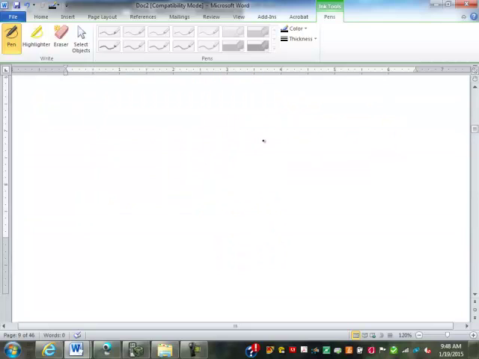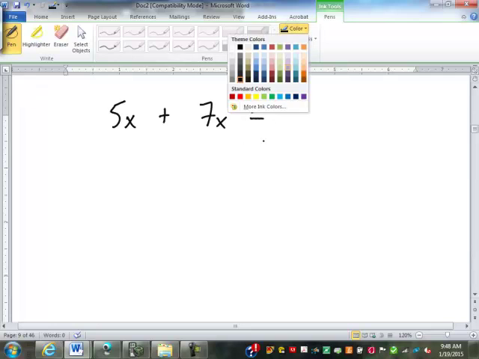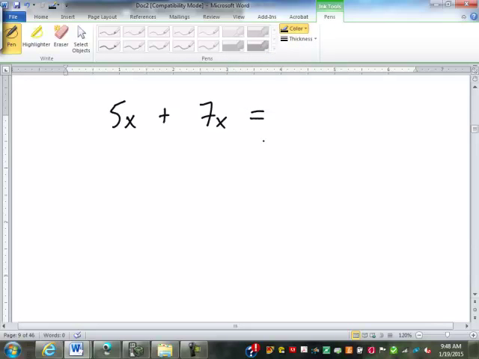Once we have things in the symbols, we need to be able to do things with them. So we might need to look at issues like this. If we have 5x and 7x, what do we get? Well, just like any other number, we're going to combine the counts. So 5 plus 7 is 12, and we keep the same name.